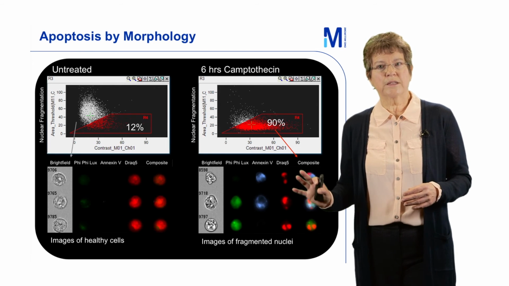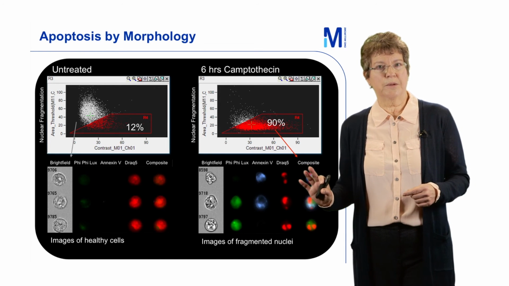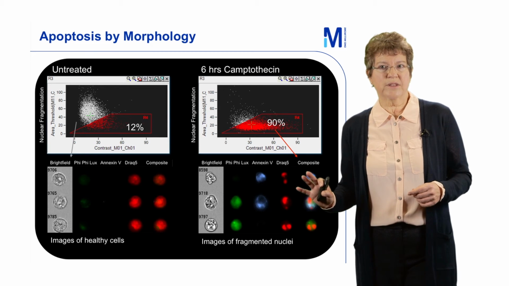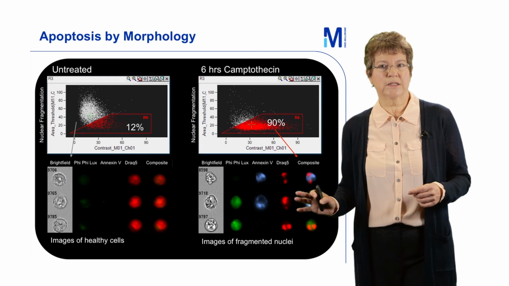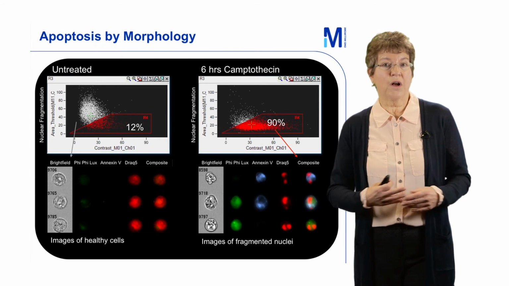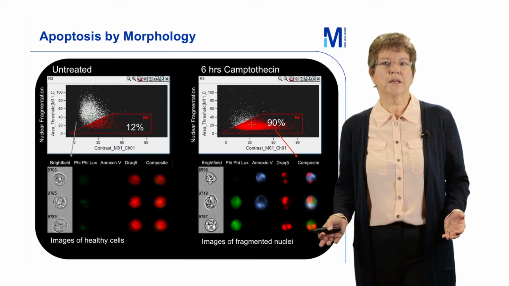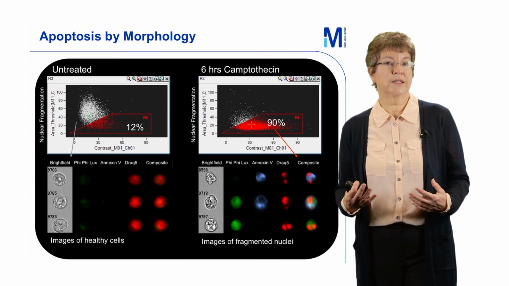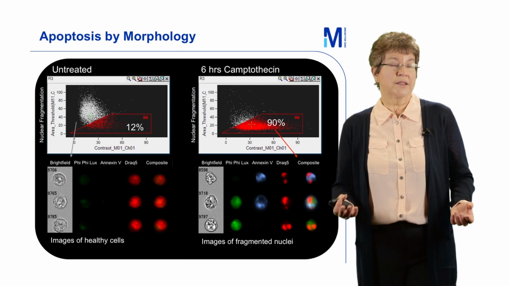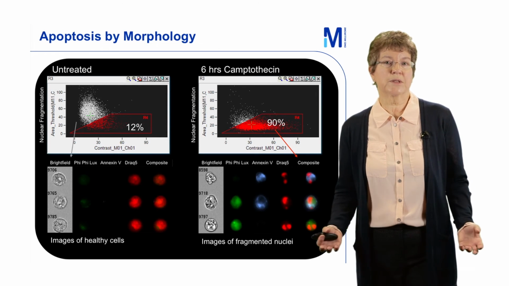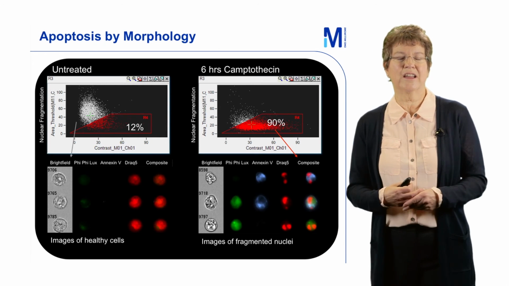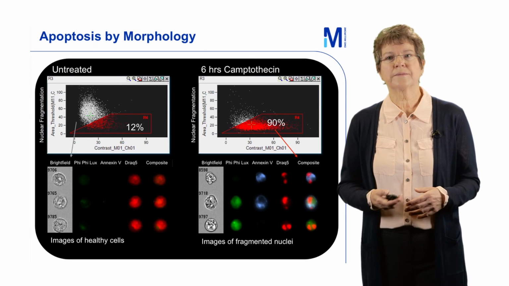On the right is the camptothecin treated sample. You can see that 90% of those cells have fragmented nuclei and have very high bright field contrast. So we've captured all of the apoptotic cells in this assay using just the DNA stain. Lots of times you can multiplex assays and get apoptosis for free if you just add DNA dye with your other assays.